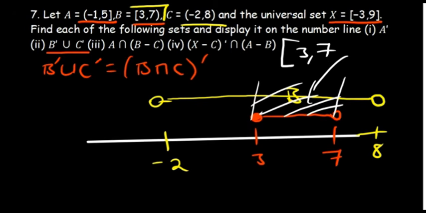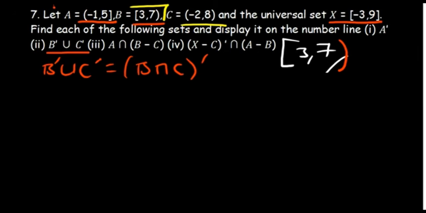And for the right one, I'll use a curved bracket. So why am I using a curved one? I'm using curved for 7 because 7 is not a common member. It is not part of what? C, because it is not shaded there, but it is part of B. So 7 is not part of the intersection of B and C.